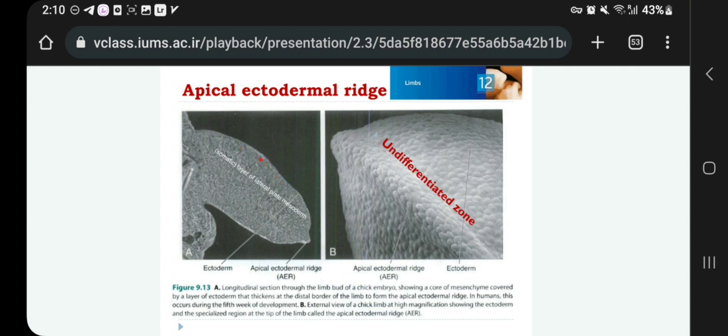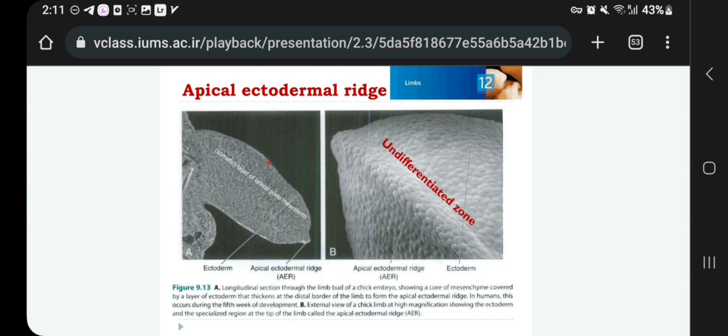The ectoderm makes the skin, and the somatic layer of the lateral plate mesoderm makes bones and muscles. The outgrowth of the limb bud starts in the fourth week.